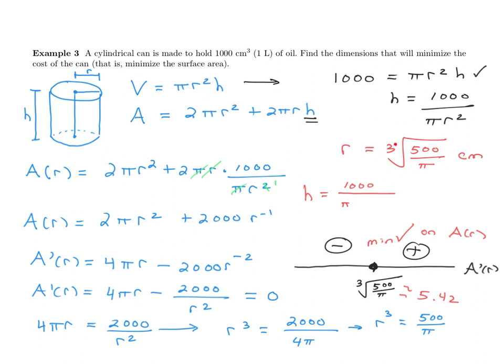Now, a cube root is a 1/3 power, so that means this is 500 over pi to the 2/3. The third because we're cube rooting, and the squared because we are squaring. H is also in centimeters, but these are the dimensions that will minimize the surface area of this can, given that the volume is 1,000 cubic centimeters.